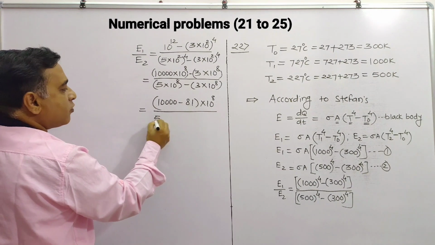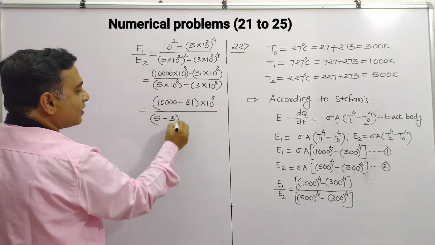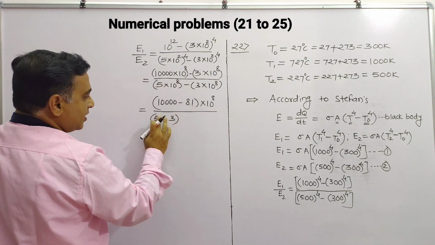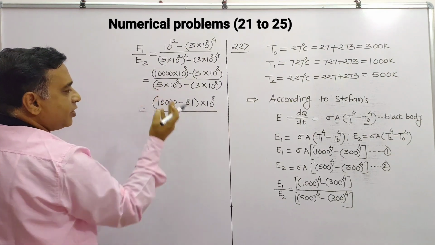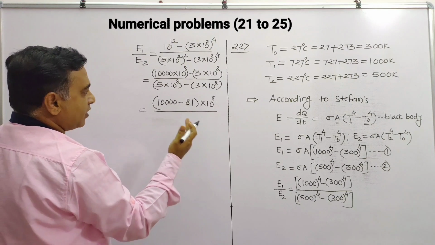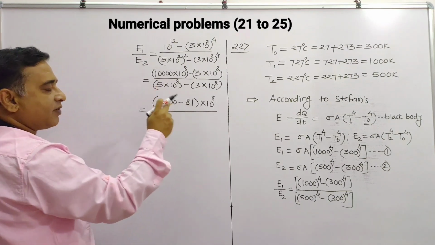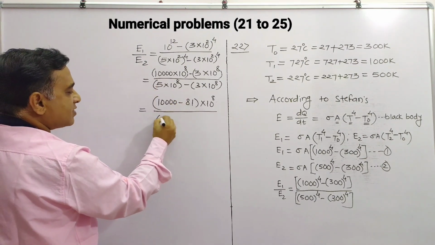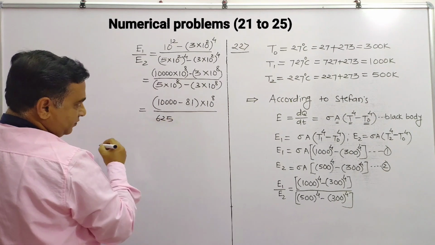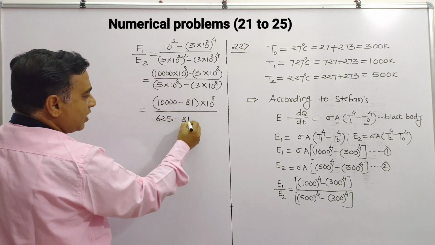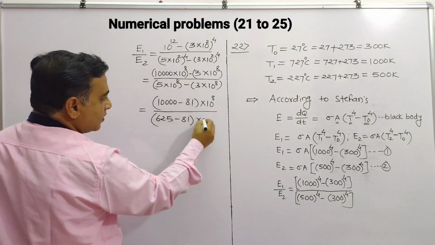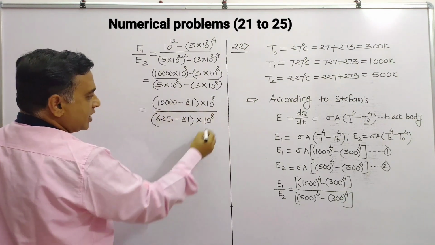Then 5 raised to power 4, which means 5 into 5 into 5 into 5: 5 into 5 is 25, 25 into 25 is 625. Minus, once again, the 81 into 10 raised to power 8.